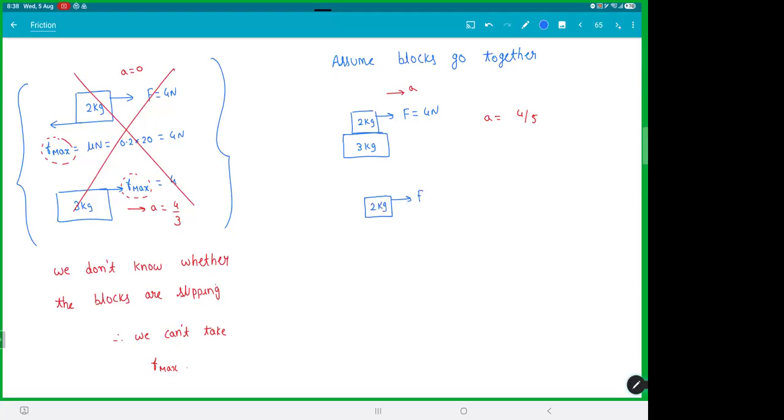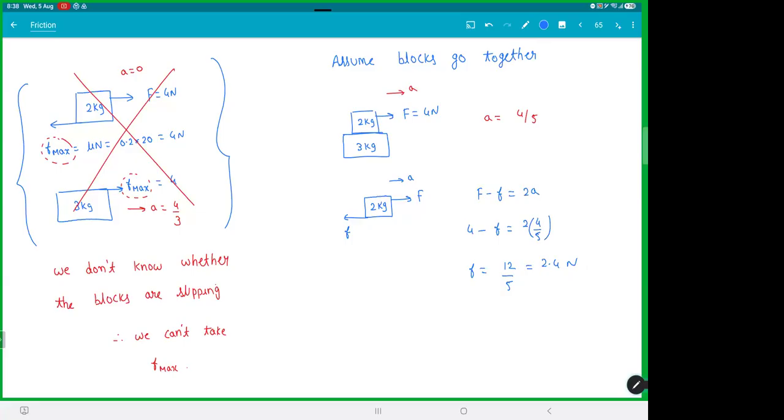Let the force be F and let the friction be small f. I don't know the value of friction here. And the acceleration A is equal to 4/5. So F minus friction is equal to 2 into acceleration. So 4 newtons minus friction is 2 into 4/5. So here we get friction is equal to 12/5 newtons, which is 2.4.